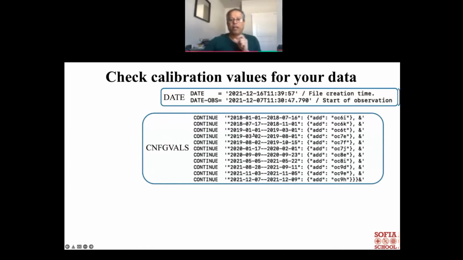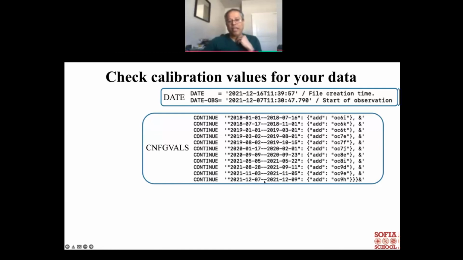So for example, in 2018, in August, 17th to 11th, we had OC6K. That was an OC6K series, and so on and so forth. If you look at your observations, let's assume this is yours, it is 2021 1207, which falls between this last line here, December 7th and December 9th, which is an OC9H series. So you'll note this date to understand that that is the series you ran.